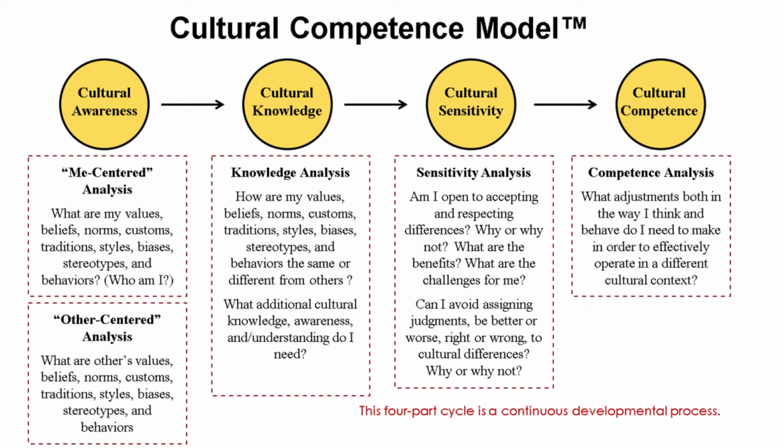So we might think to ourselves, right, what additional cultural knowledge or awareness do I need to be able to help me develop? So for example, if I was working with a service user who followed a different religion to myself, we might both value religion, but I may not have the knowledge of my service user's religion.